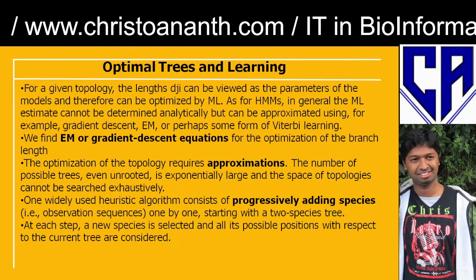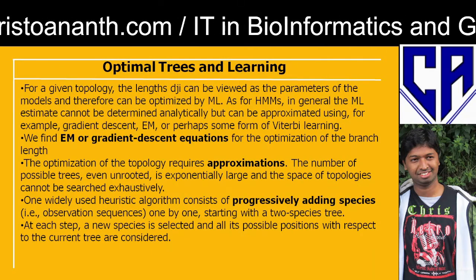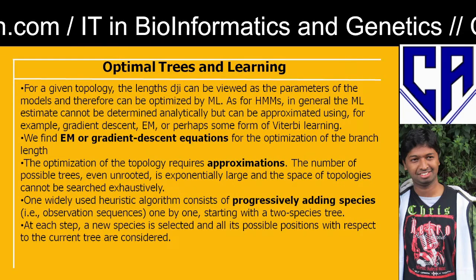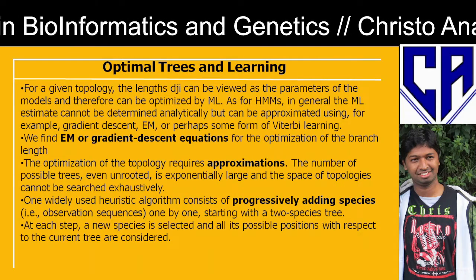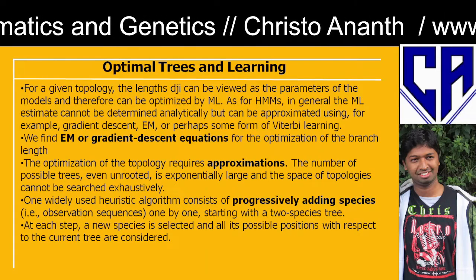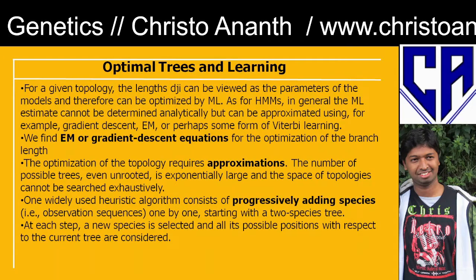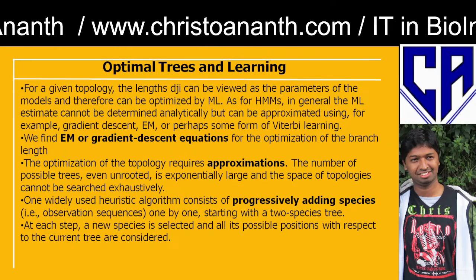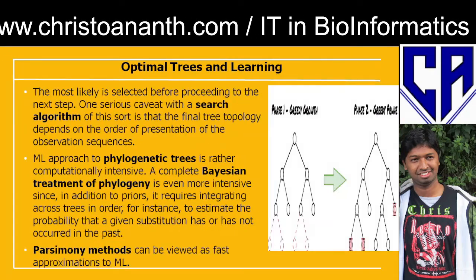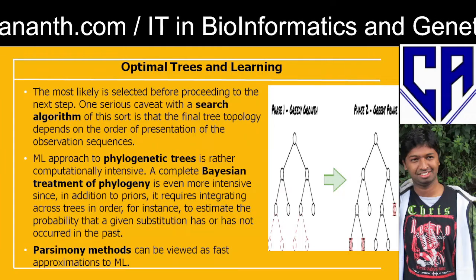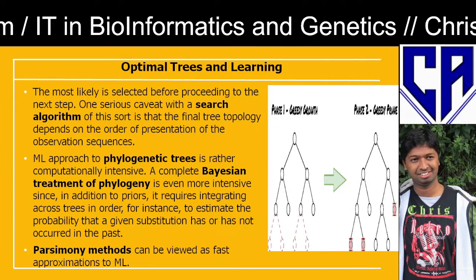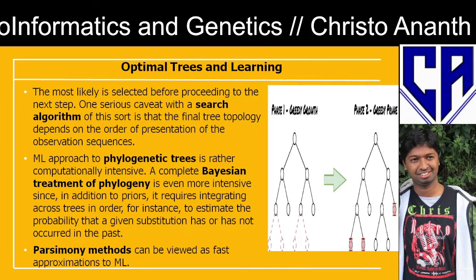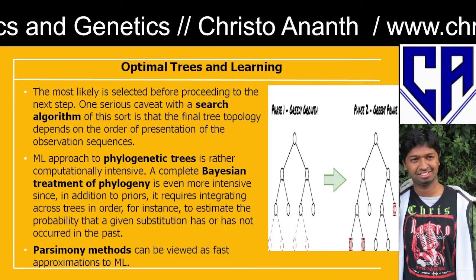There is also one heuristic algorithm which progressively adds species or observation sequences. Generally it starts with a two-species tree. A new species is selected, and all possible positions with respect to the current tree are considered. For example, here we consider an optimal tree where we have a greedy growth as well as a greedy phase.